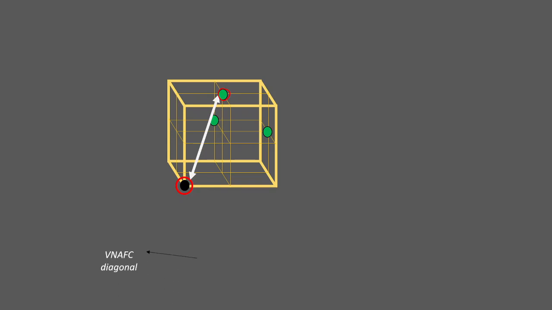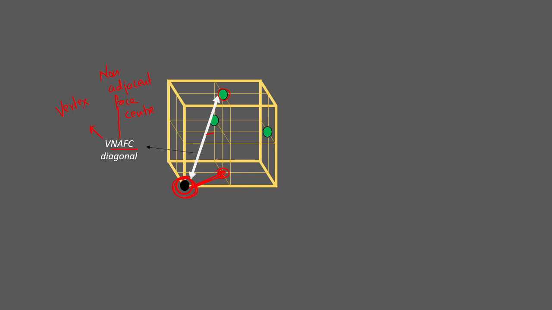I would like to name this direction the VNAFC diagonal. By VNAFC I mean vertex and non-adjacent face center. As you can see, this line which I have drawn here, this white line, is joining a vertex and a non-adjacent face center, because if you join a vertex and an adjacent face center you will get a face diagonal.